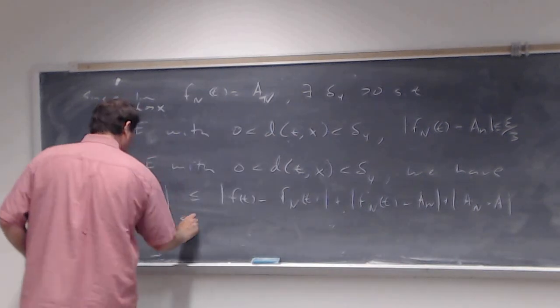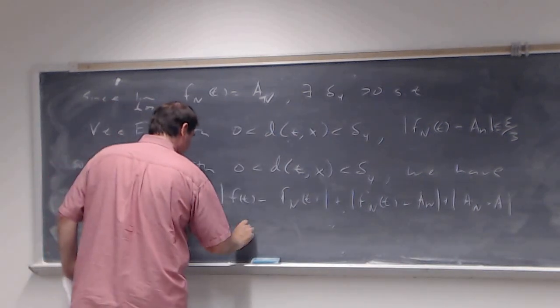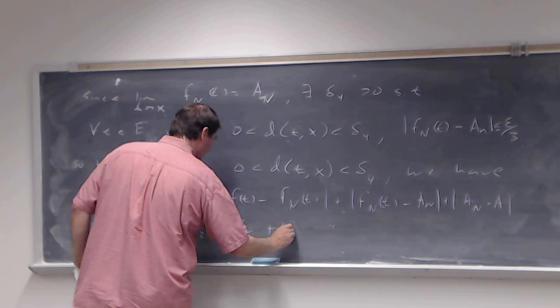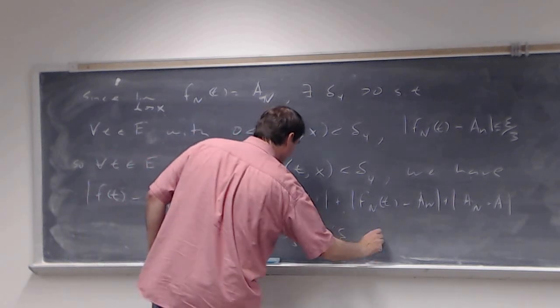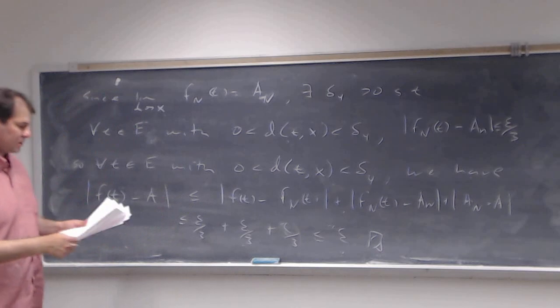Each one of these is less than or equal to epsilon over 3, so epsilon over 3 plus epsilon over 3 plus epsilon over 3, and the whole thing is going to be less than or equal to epsilon. That's what we needed, and that concludes that.